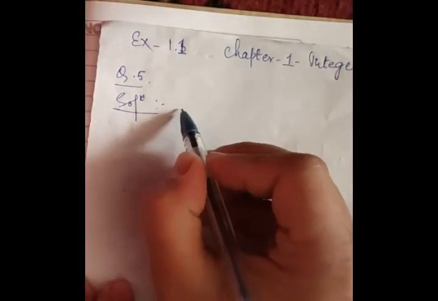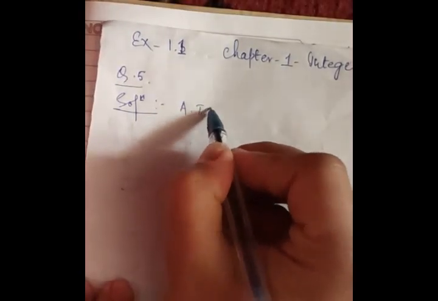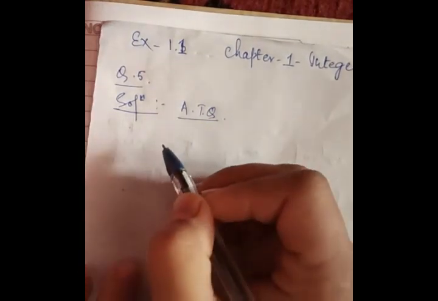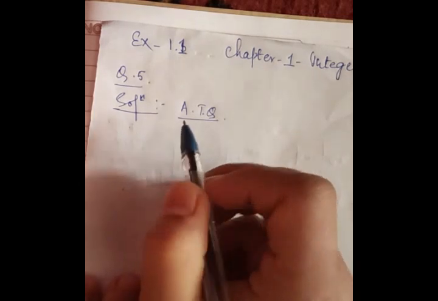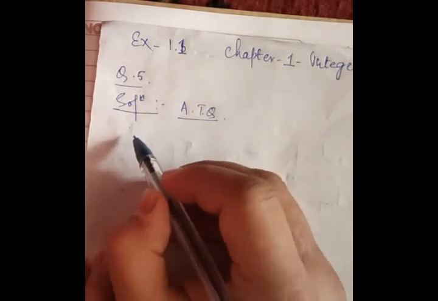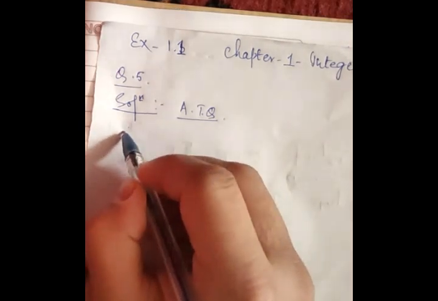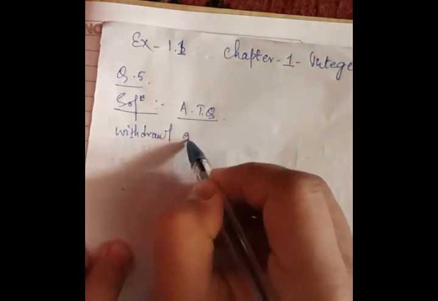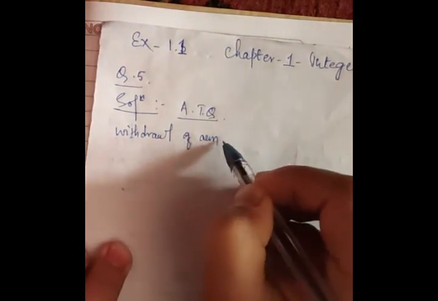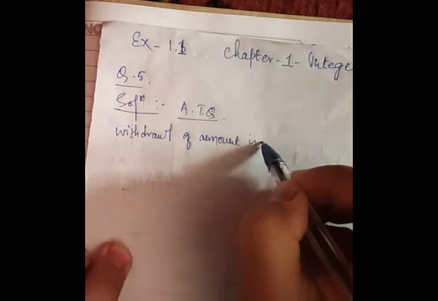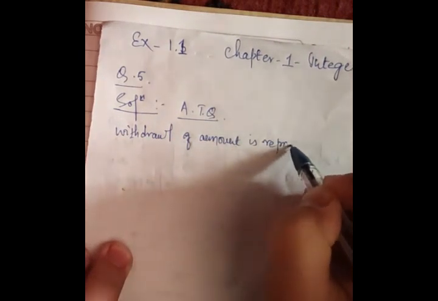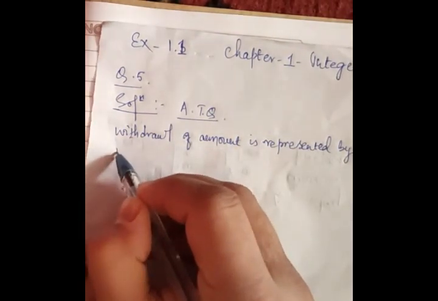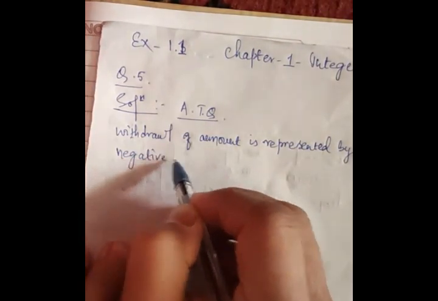So according to the question, Mohan is depositing rupees 2,000 and withdraws 1,642 from it, isn't it? And in the question it is given that withdrawal of amount is represented by negative integer.